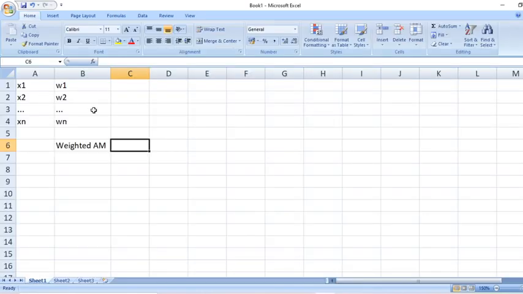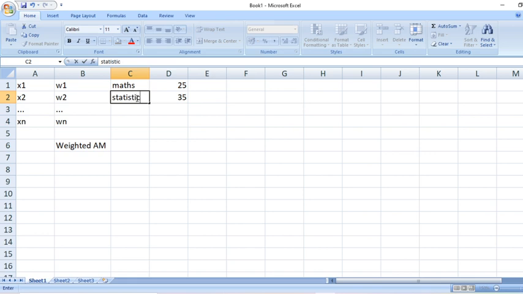For example, we are considering an example where you are getting a mark in mathematics 25, in statistics 35, and in the core subjects some 495 out of some 600 or 700.